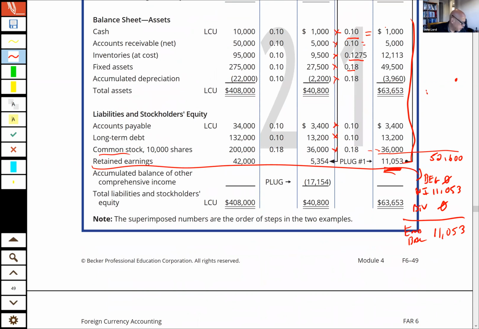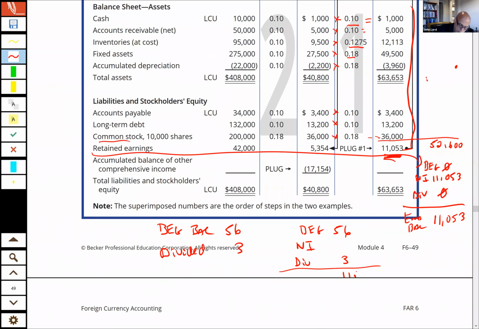Now, just to play with it a little bit, let's say they tell me that the beginning balance in the retained earnings was 56,000, and they paid a dividend of 3. Then when I do this analysis, the beginning balance is 56, the dividend is 3, and I have to figure out the net income.